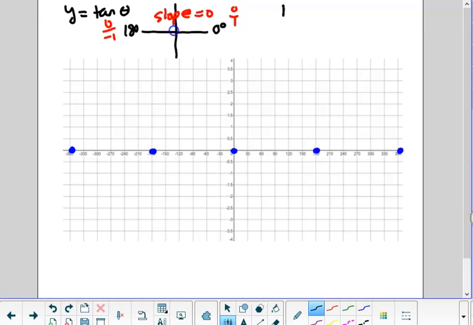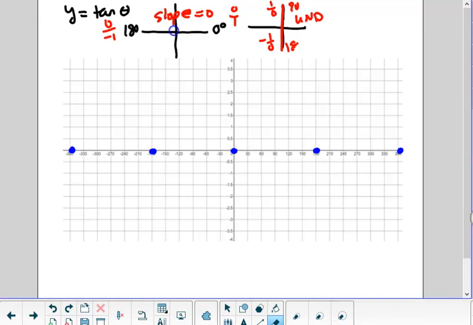Now let's look at when we're at 90 and 270. This is where we're going to be 1 over 0 or negative 1 over 0. This is where the slope is undefined. So at 90, that's not 180, sorry, that's 270, my bad.